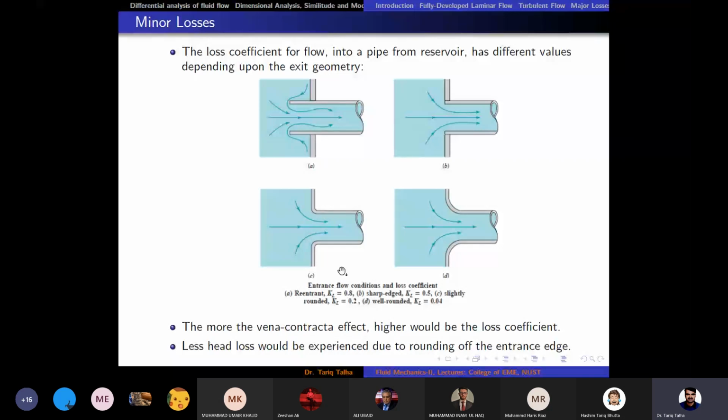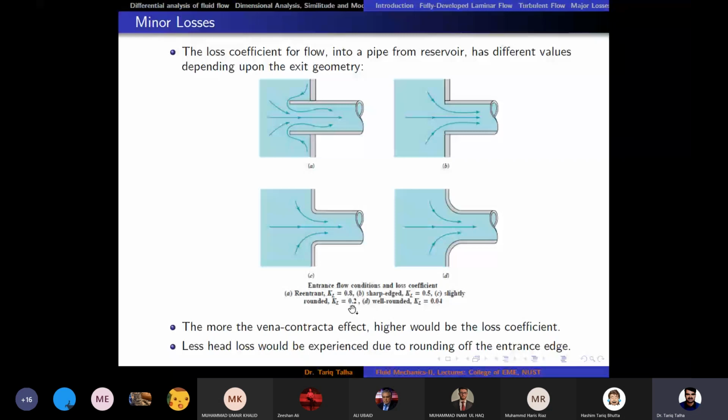Now that is figure B, which shows us the sharp edge entrance. For the sharp edge entrance, because it is not kind of reverse flow like in the re-entrant region, the KL value is a little bit less, which is 0.5. Then if we make it a little bit rounded entrance, you can see that value.